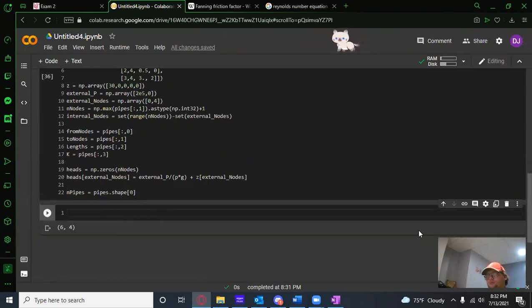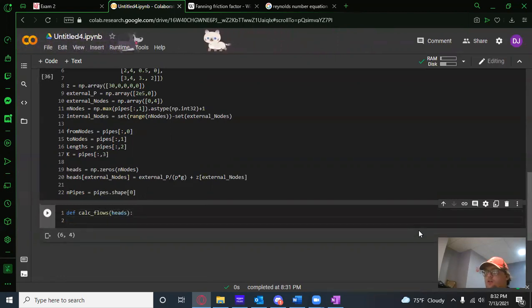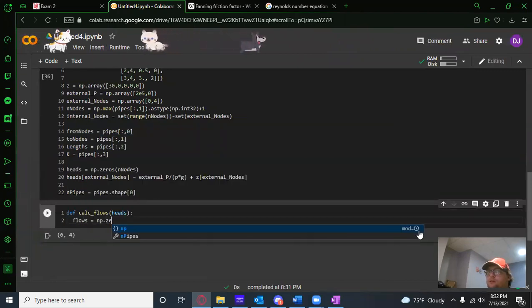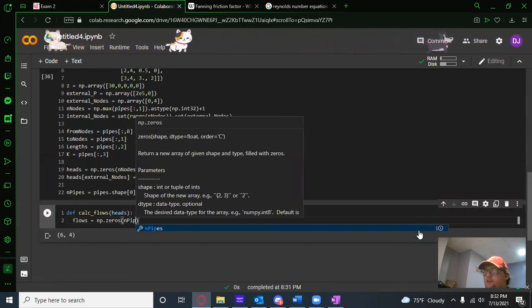So what's going on now is go back to calc flows, taking our heads array. Right, we have flows is equal to np.zeros. Once again, just creating an array of zeros for the number of pipes.